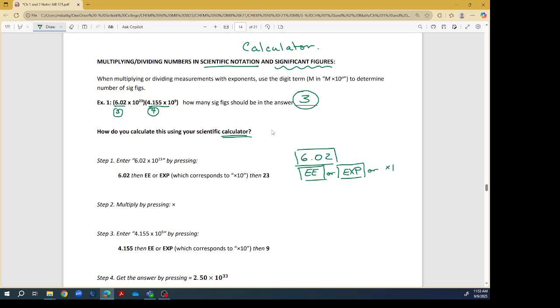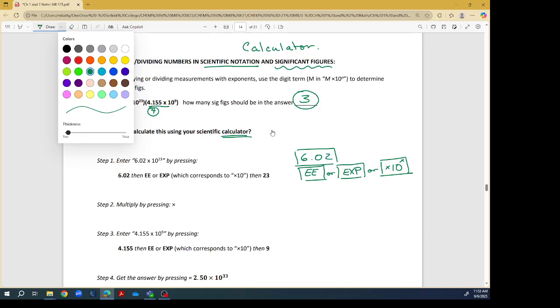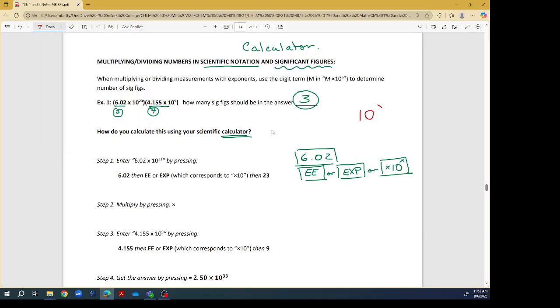It's times 10 to the X. You do not want to use buttons that are 10x. That's going to work most of the time, but not all the time. The other thing is that you'll notice I'm not putting in times and then 10. We're not doing it like that. There is a button that puts this into your calculator.